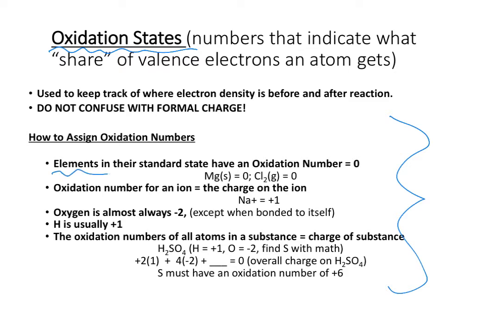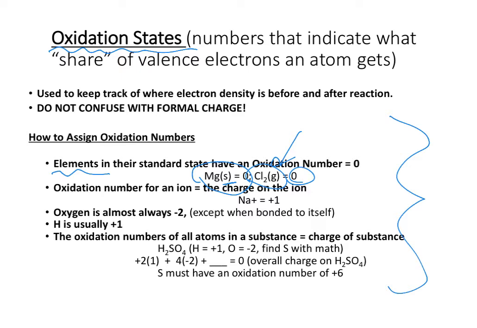Any elements in their standard state, that is how they exist in nature normally, have an oxidation number of 0. So magnesium is a solid metal under normal conditions, so we're going to give it an oxidation number of 0 if it shows up in a reaction. Chlorine is diatomic and is a gas in its natural state, so it would get an oxidation number of 0.